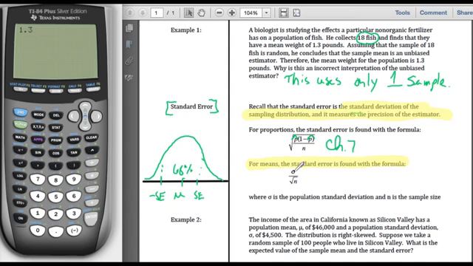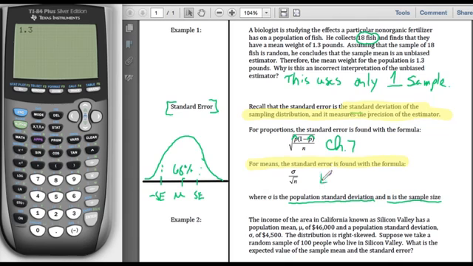It's sigma, which is the population standard deviation, over the square root of n, where just like before, n is the sample size. It's your population standard deviation divided by the square root of n, the sample size.